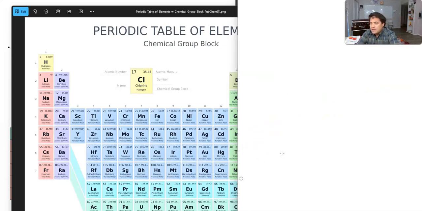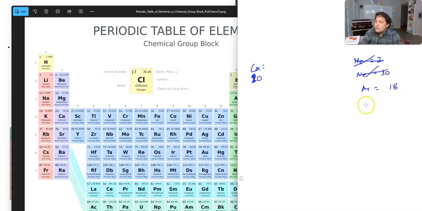Similarly, let's see calcium. Calcium is 20, right? The inert gases below 20 are helium 2, neon 10, and argon 18. Out of them, which is the closest to the atomic number 20?